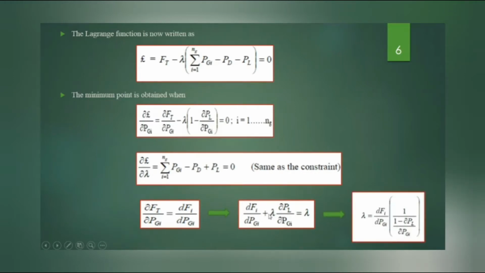If you subtract this, you will get this equation. Taking lambda common, you will get dFi upon dPGi equal into 1 upon 1 minus del PL upon del PGi. It is not whole, it is 1 minus del PL upon del PGi, where 1 upon 1 minus del PL upon del PGi is equal to the penalty factor, denoted by Li.